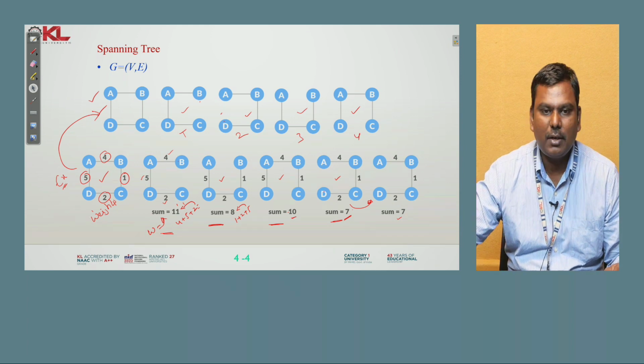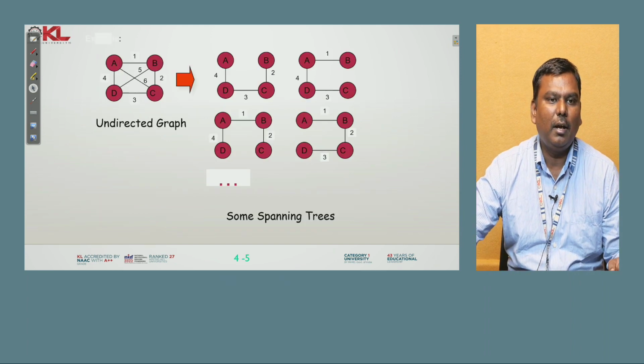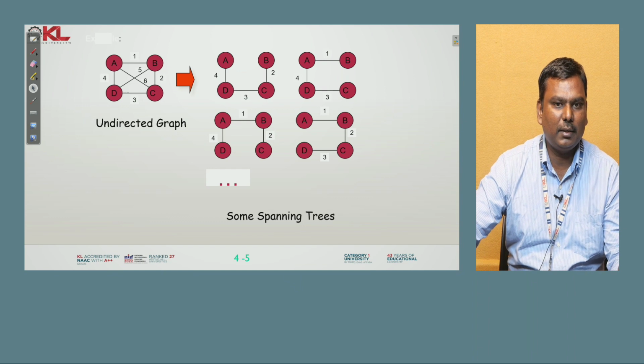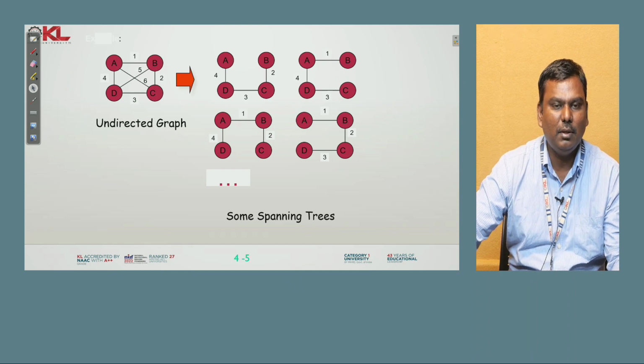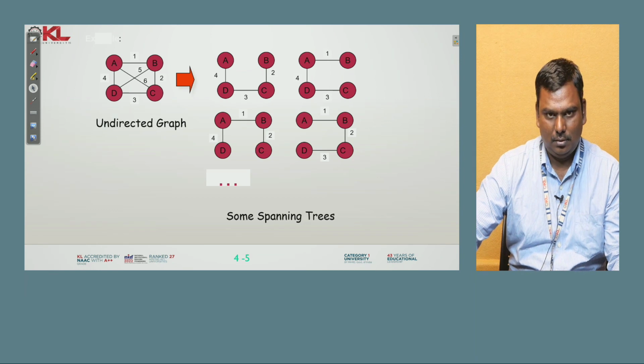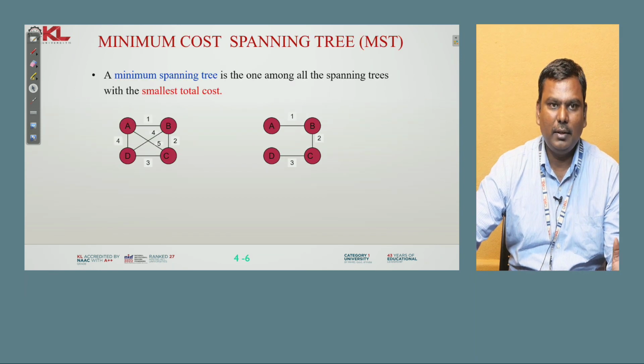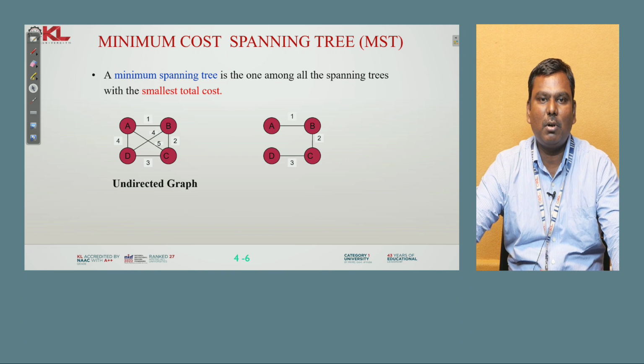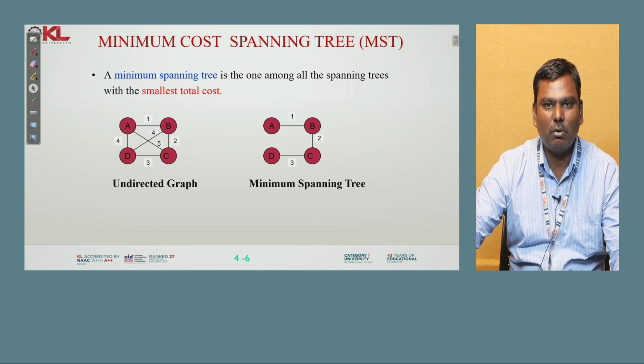This is another example of an undirected graph. What are the possibilities for a spanning tree? These are the possible spanning trees: without loops, we constructed 4 trees. Then we discuss the minimum cost spanning tree, which is the important topic.